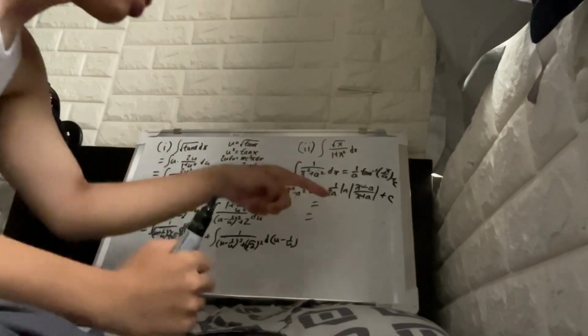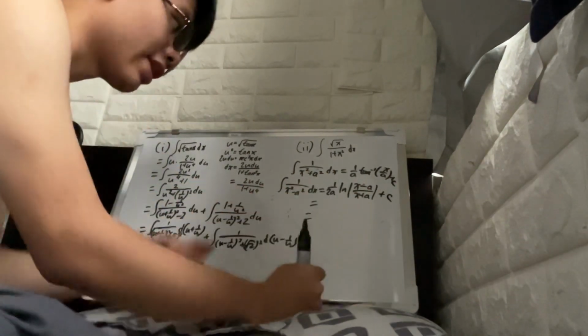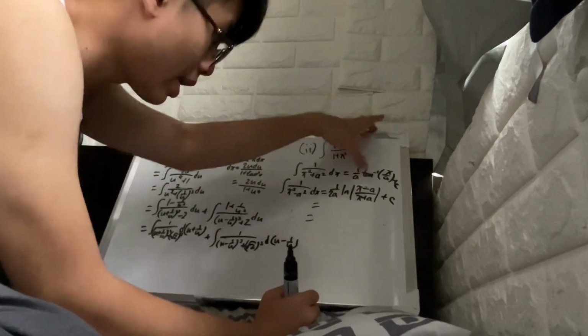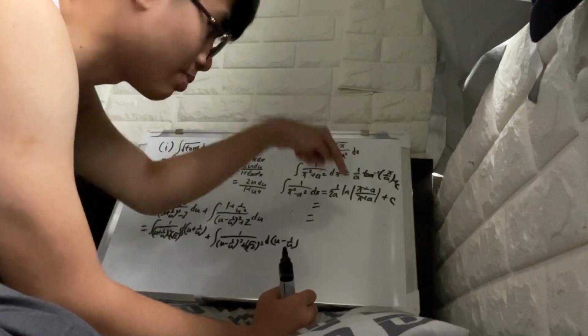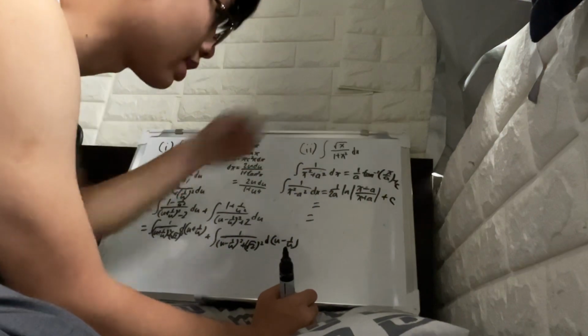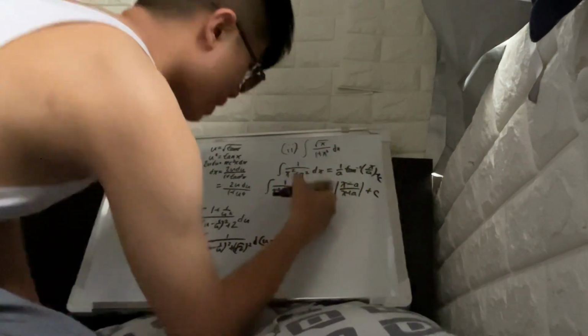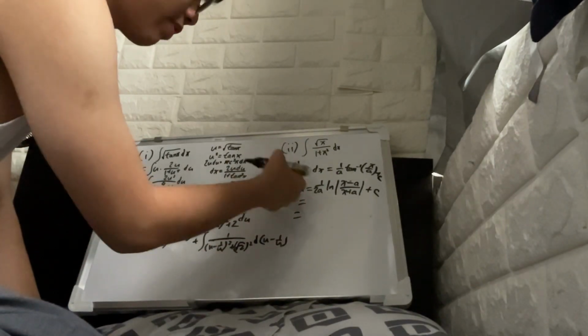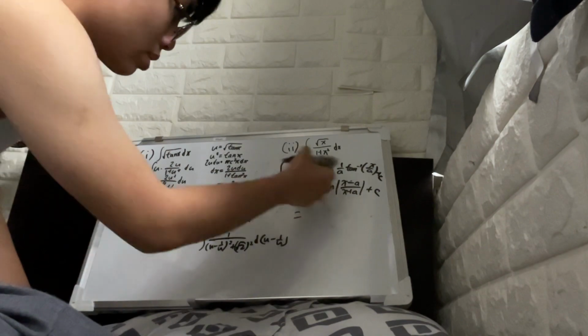This is just another domain. We don't allow anything except 0. The inside can be 0, or any numbers are acceptable inside. The second one is negative, because the integral of 1 over a squared minus x squared is positive.